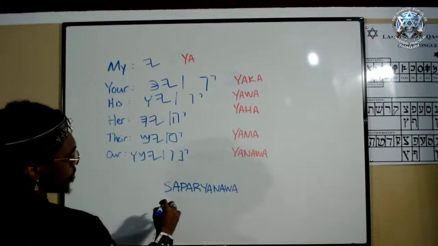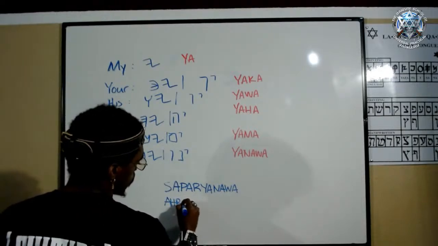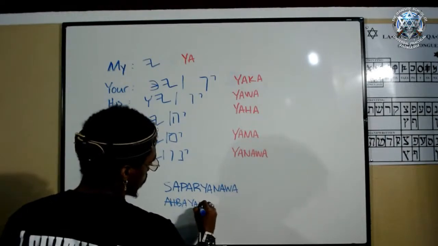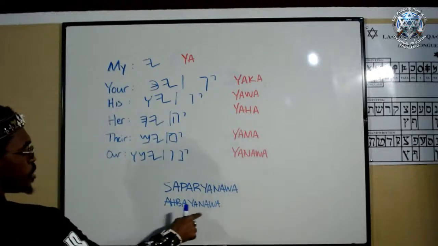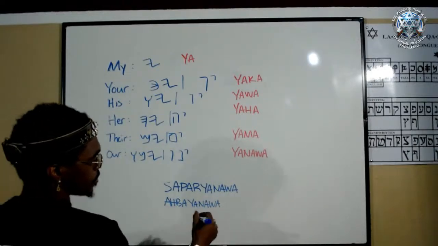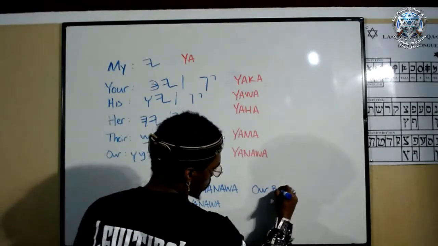Right? How about Abba? Yeah, no. That one should look familiar to you. Right? Abba, you know. Right? Saparium, our books.